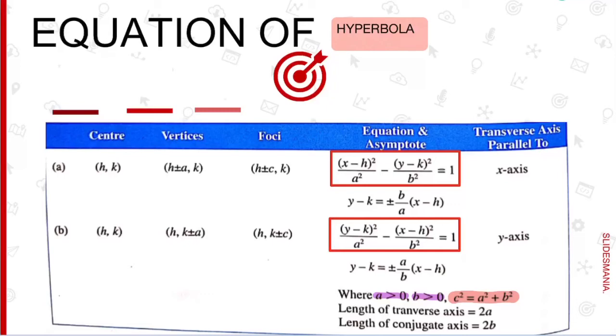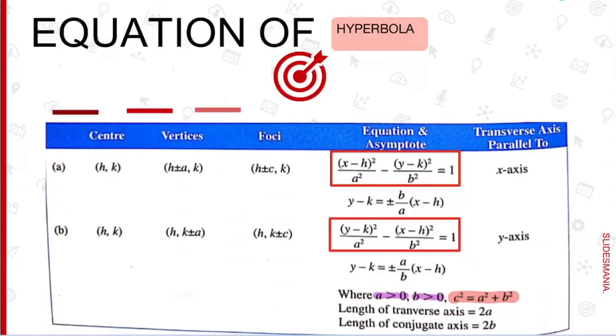When we want to find the distance, either a, b, or c, we can utilize this Pythagorean theorem here. Be careful, do not mix up the Pythagorean theorem between ellipse and hyperbola. In an ellipse, a is the hypotenuse because it's the largest distance. However, in a hyperbola, c is the hypotenuse because c is the largest distance.